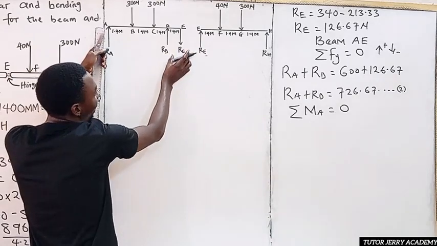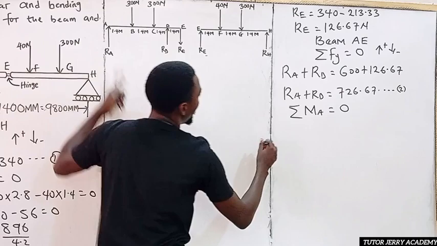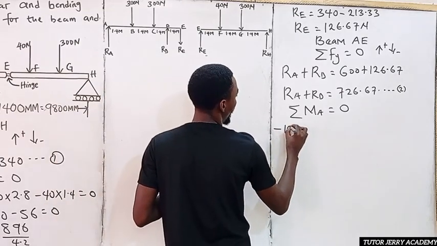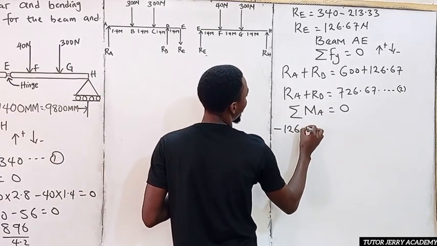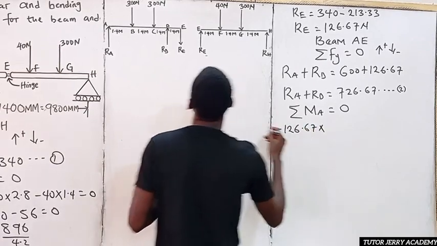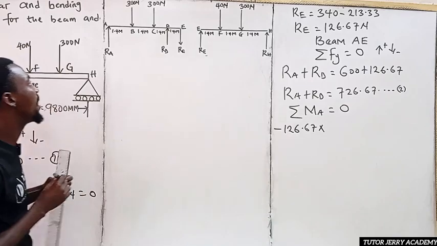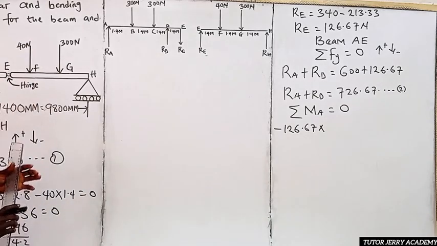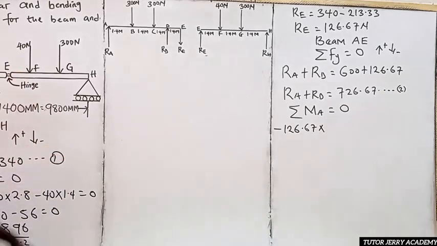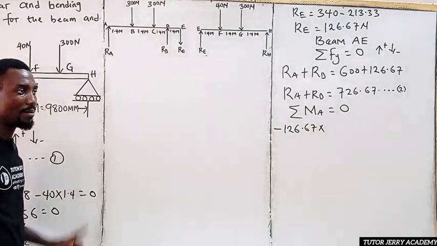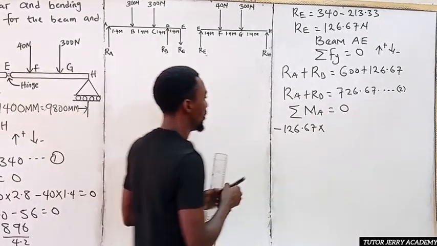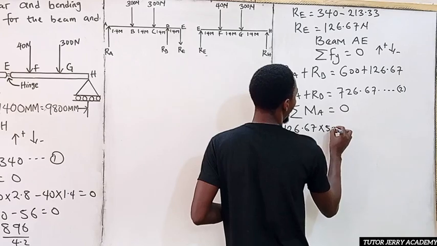So our RE is minus 126.67 multiplied by the total distance. The total distance here is 1.4 plus 1.4, that is 2.8. 2.8 plus 2.8 is 5.6, if I'm not mistaken. Yes, 5.6. So multiply by 5.6.